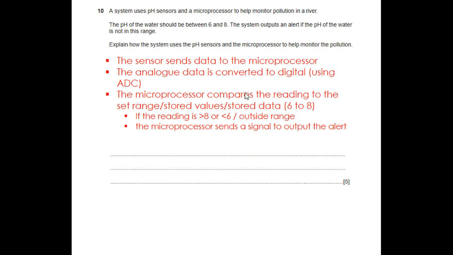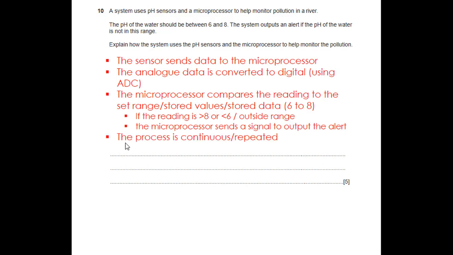It then compares that binary signal to the stored range of 6 to 8, for example here, this range check. If the reading is greater than 8 or less than 6, it's outside the range, and the microprocessor will send a signal to output an alert, to say something's gone wrong with the pH.